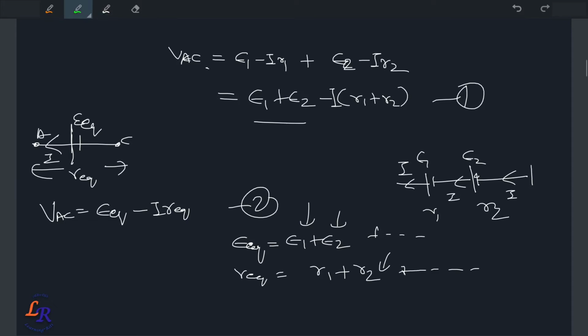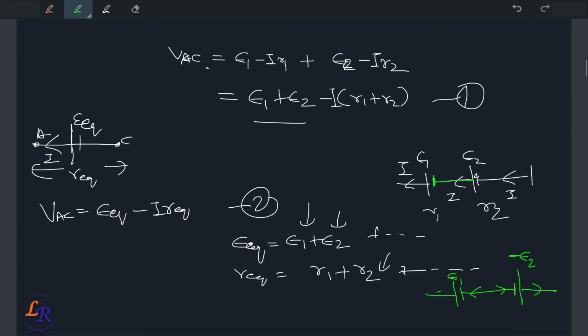Now one important point to notice here: these cells are connected positive to negative to positive. So you can also have a series connection where the other cell is connected the other way round, right? So it can have a combination. In such a case, if you are reversing it, then epsilon 2 becomes minus epsilon 2, because the current is in the opposite direction.